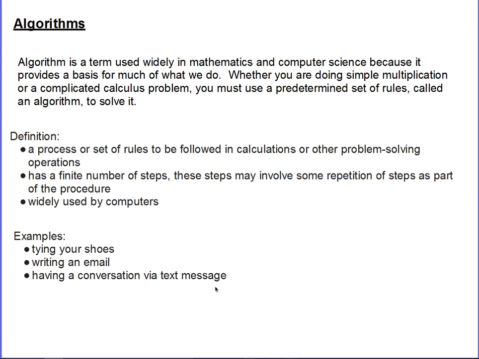Or having a conversation via text message, where you read a message, respond, hit send, the person reads the message, they write a reply, they hit send, and so you see that repetition of steps as you go through that algorithm.